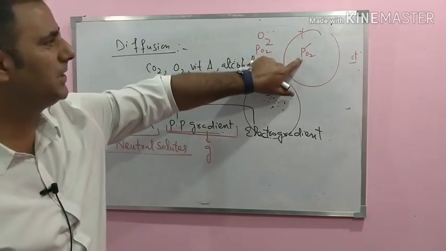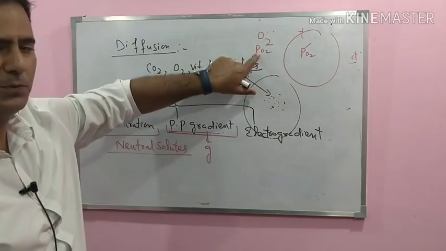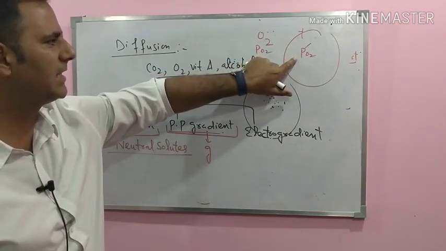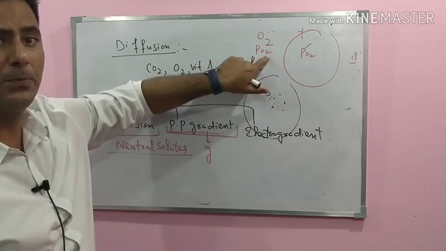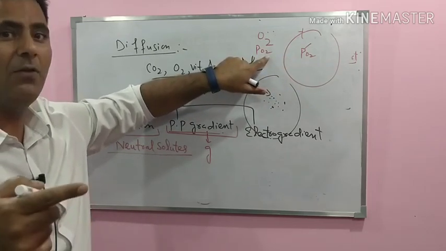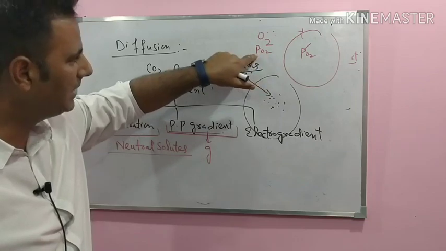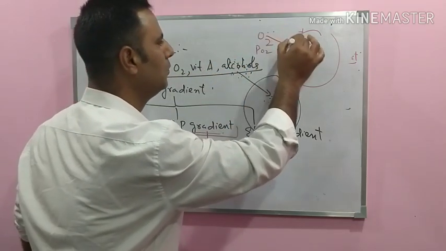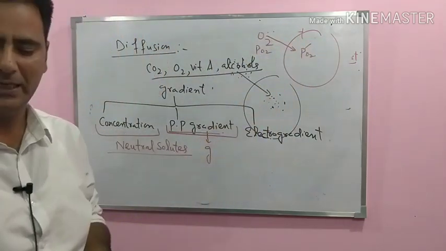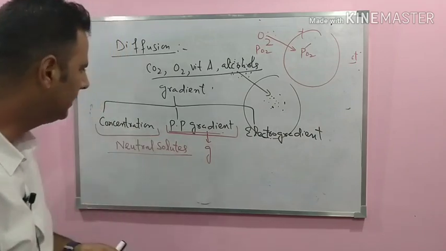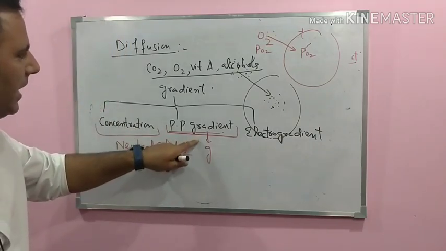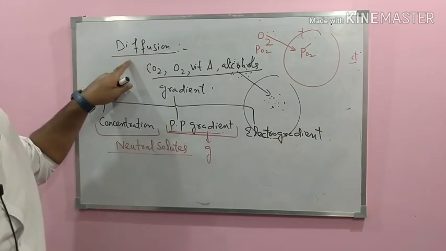There is a pressure difference. Outside pressure is more, inside pressure is less. This will create a pressure difference, and pressure difference always creates a force. By this force, oxygen is going to move from outside of membrane to the inside of membrane. Therefore, partial pressure gradient is also explaining the diffusion.